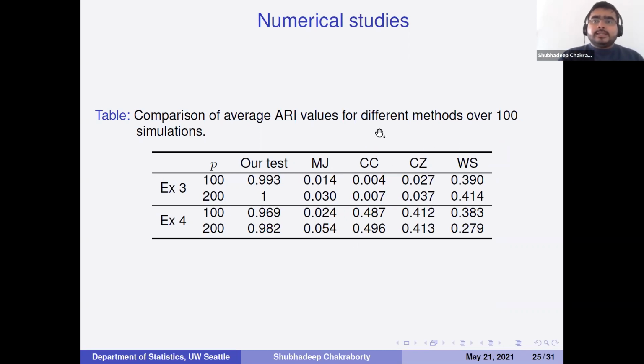As I mentioned, they are powerful for location and scale alternatives, but they do not do great if the change is in higher order moments. The Matteson and James test also doesn't do great. Again, it was expected because of the limitations of energy distance and the fact that it uses energy distance to detect changes in the distribution in high dimensions. Our test outperforms all the others in terms of the average value of the adjusted Rand index.